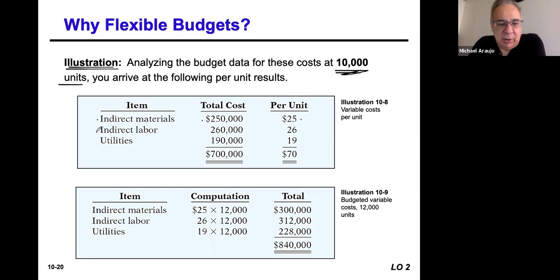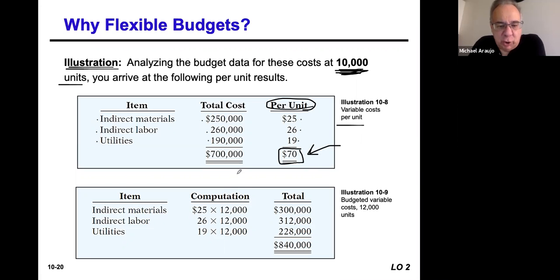For indirect labor, you budgeted $260,000 in total to produce 10,000 units. That's $26 per unit. Again, per unit, important. And in the original budget, utilities was budgeted for $190,000 to produce 10,000 units. That's $19 per unit. So each unit, based on a 10,000 unit budget, would have cost $70 variable. Of course, your fixed costs don't change.